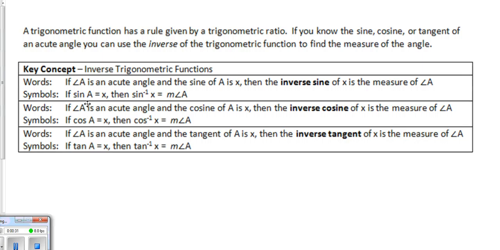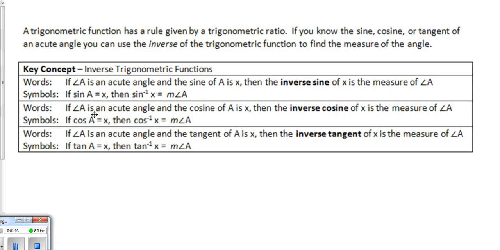Basically, if the sine of A equals x, whatever value x comes out to be, like 3/5 or 12/17, or a decimal, so 3/5 would be 0.6, then we can take the sine inverse of x to get the measure of angle A, how many degrees that angle is.